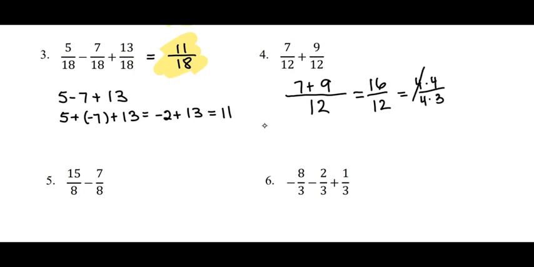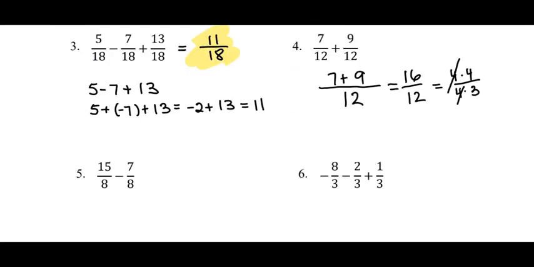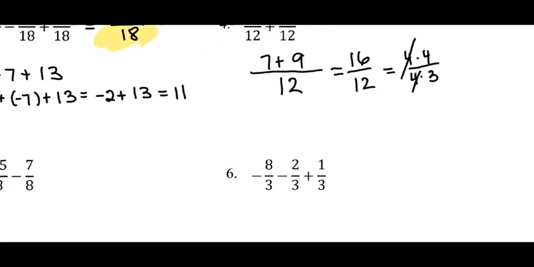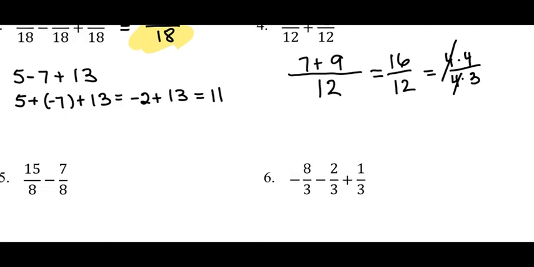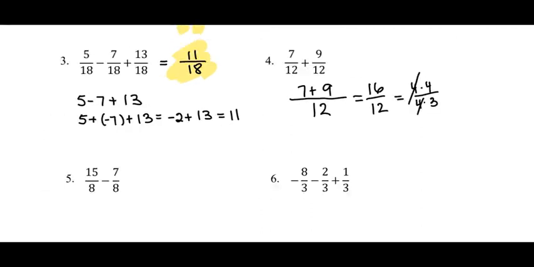So you can see that 4 goes into both numbers, so you would have 4 over 3. And we're going to change that into a mixed number, which is 1 1/3. So 4 over 3, or 1 1/3.